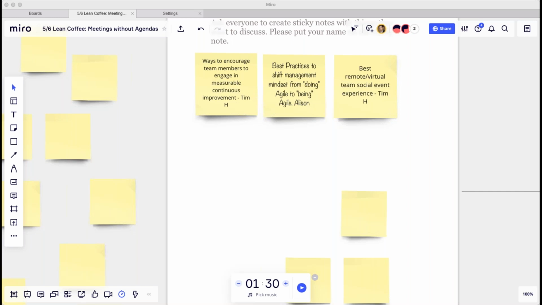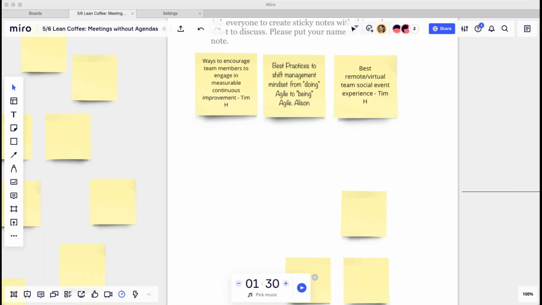So I'm curious what's helped with other teams. What's been the best type of remote team social event experience you've had, and what made it work well?